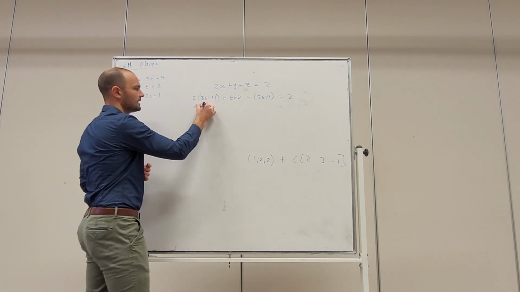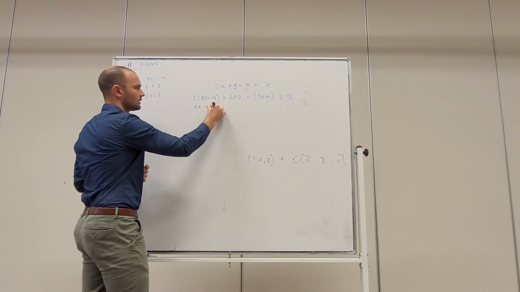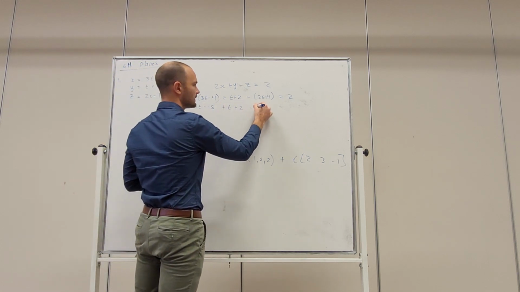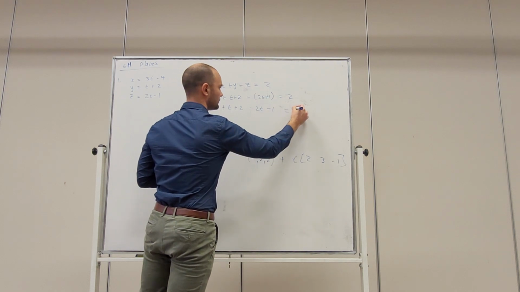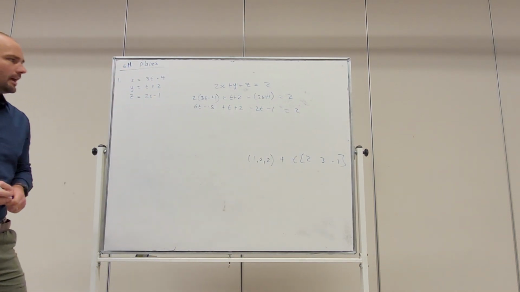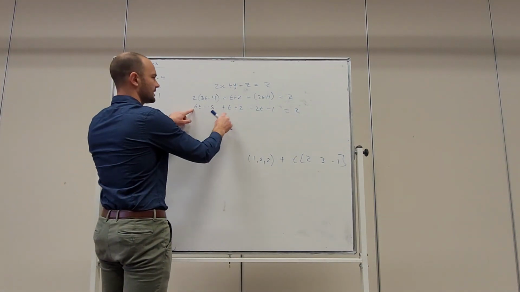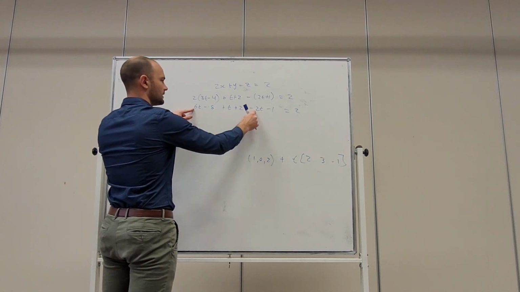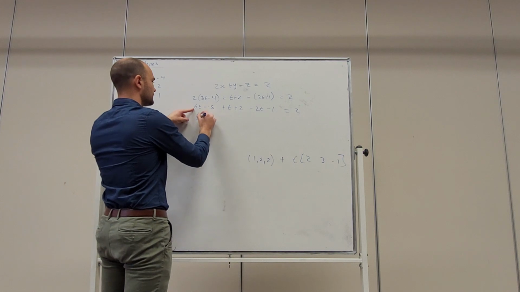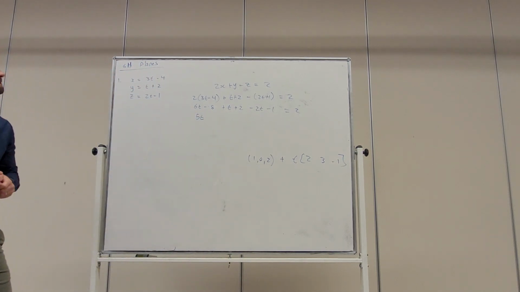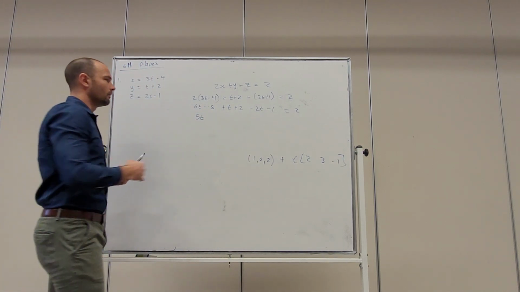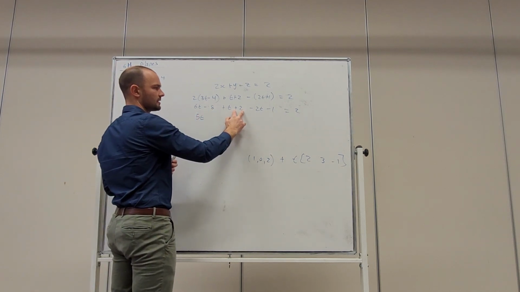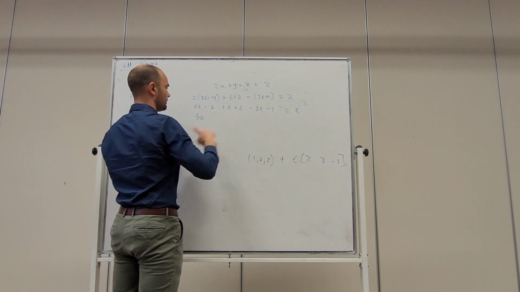We'll have 6t take away 8, and we'll have plus t plus 2 take away 2t take away 1. And we'll collect: we've got 6t, 7t, take away 2t. 7t take away 2t, that's 5 lots of t. We've got minus 8 plus 2, that's minus 6. Take 1, minus 7.